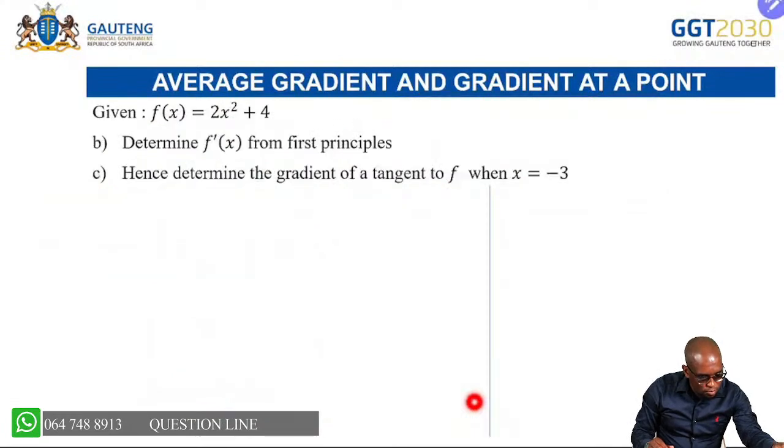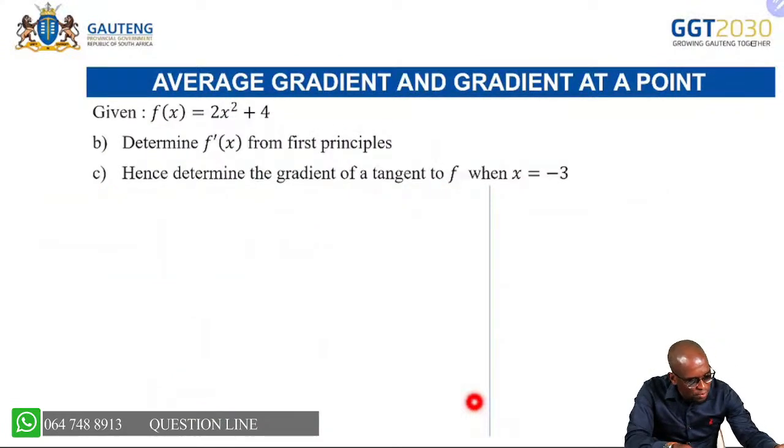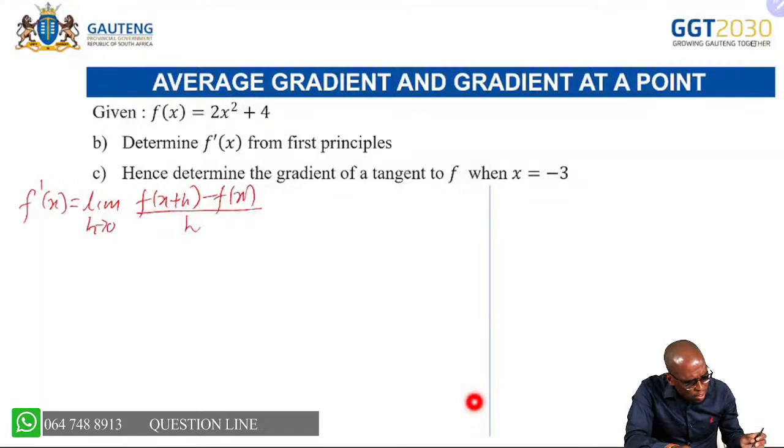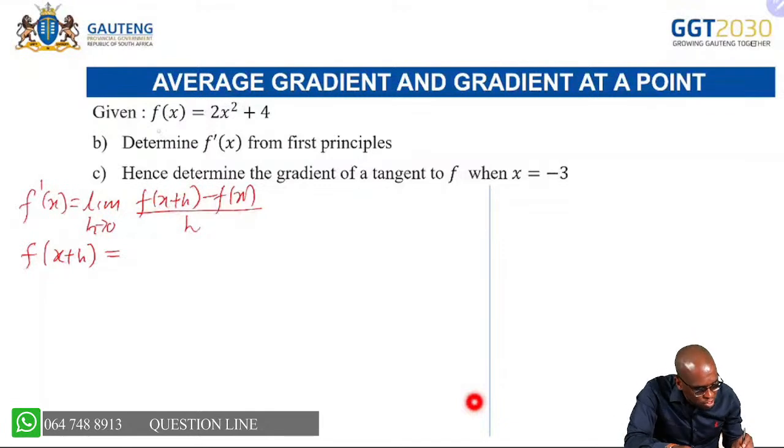Right, moving on. Determine f prime of x from first principles. From first principles, we know that f prime of x is equal to the limit as h tends to 0 of f of x plus h minus f of x over h. Now, the first thing that we do here, we compute f of x plus h. From the original, where you see x, you put x plus h.